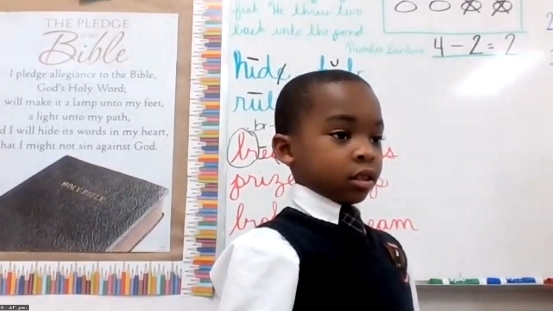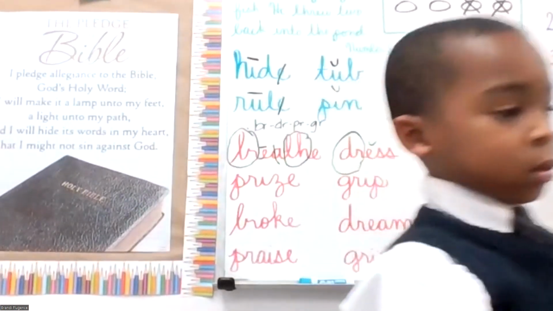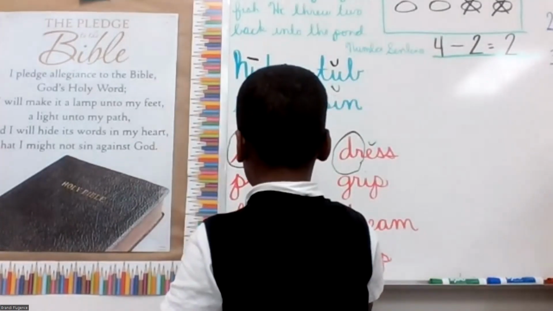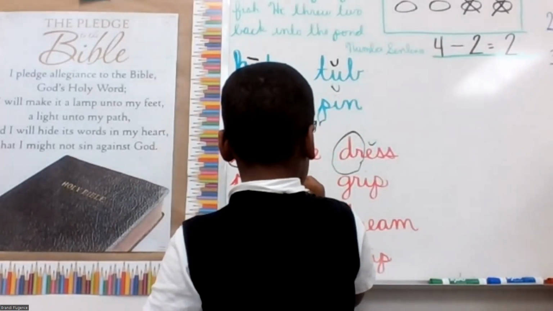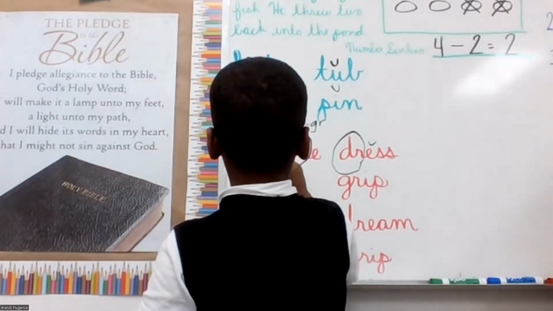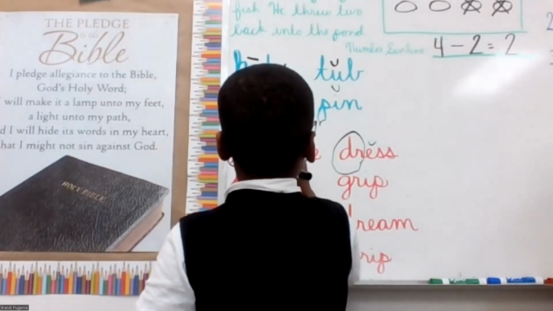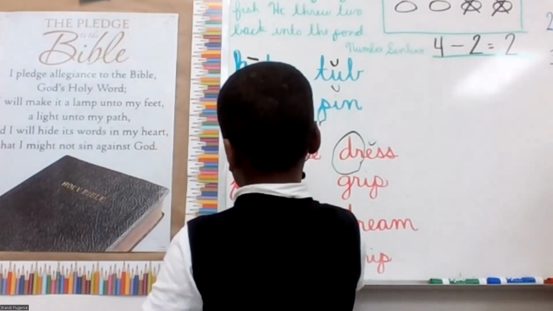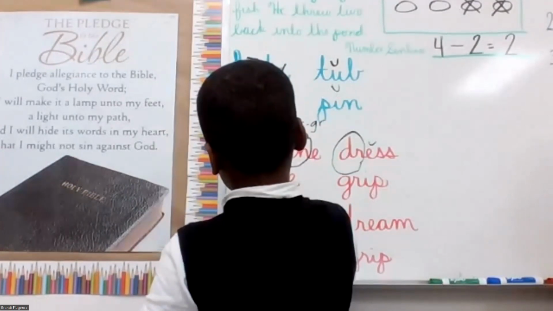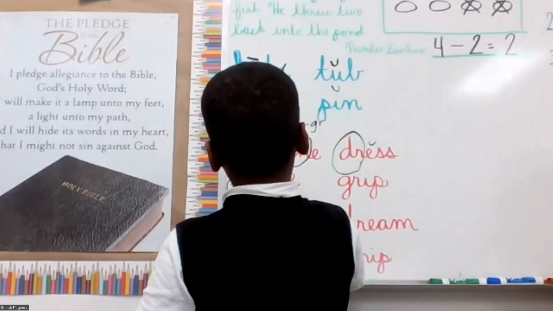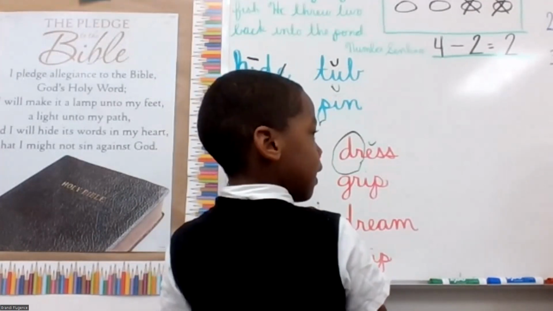Circle the special sound, mark the vowels. Alexis, are you okay? I'm just thinking about how I'm upset about something. What's the word? Prize. Good.